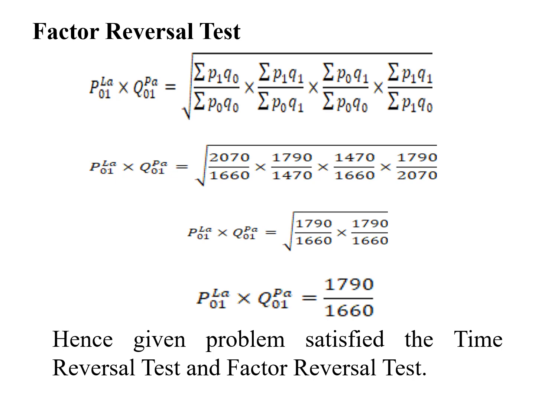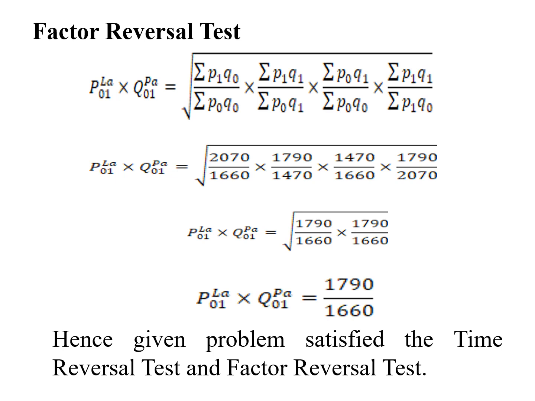So here we try to cancel these values. Which values will get cancelled? Okay, let's see. 1470 is in the numerator and denominator also, so we can cancel these two values. Then 2070 also gets cancelled. Then the remaining values are 1790 into 1790 divided by 1660 into 1660.